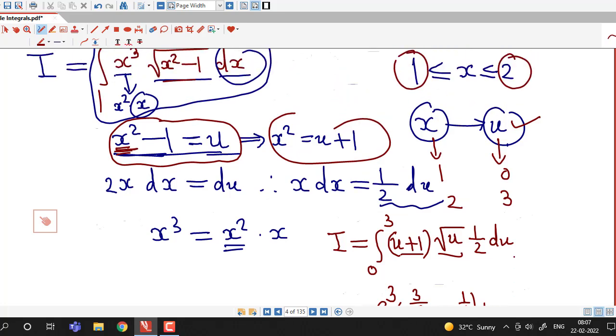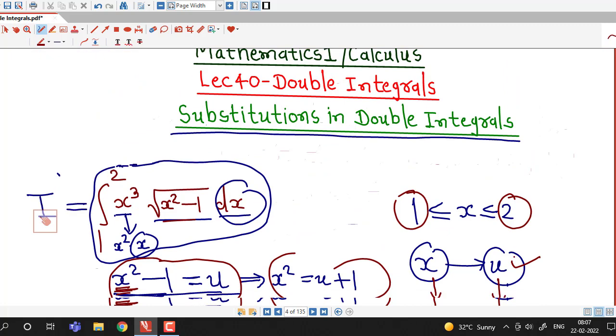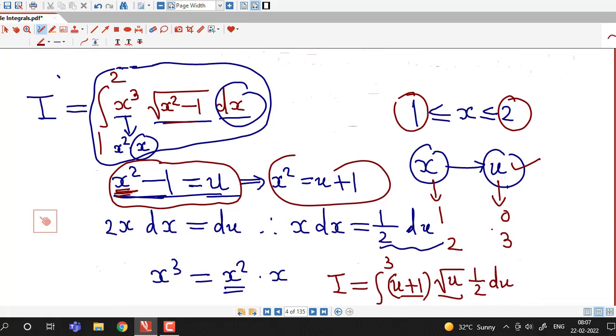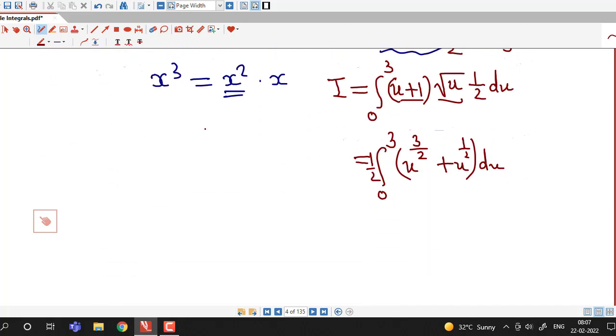This is just to explain how we can apply change of variables in the integral of a function of one variable. We are going to generalize the same thing for functions of two variables, that is, for double integrals.